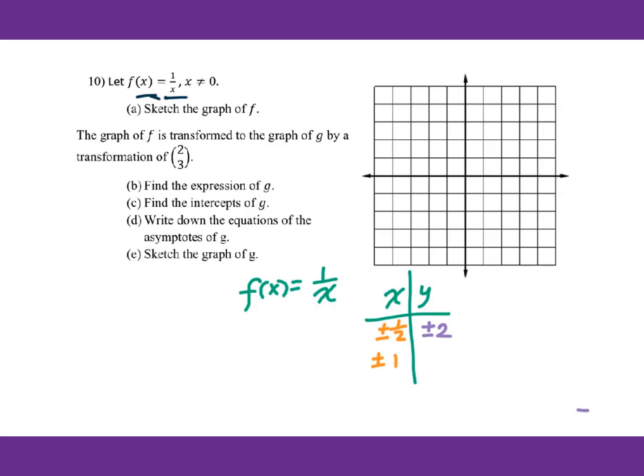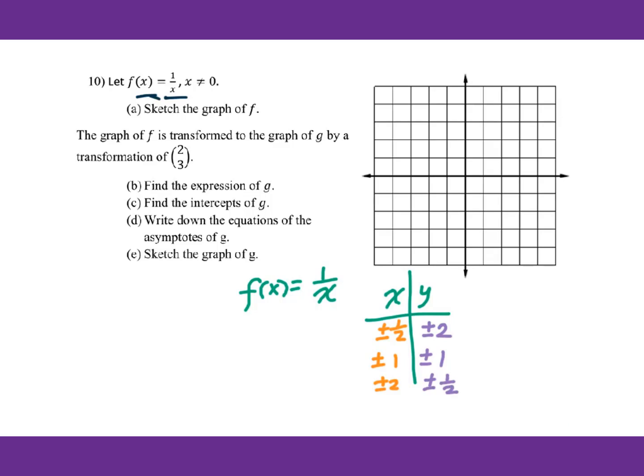For plus or minus 1, you get plus or minus 1. For plus or minus 2, you get plus or minus 1 over 2.